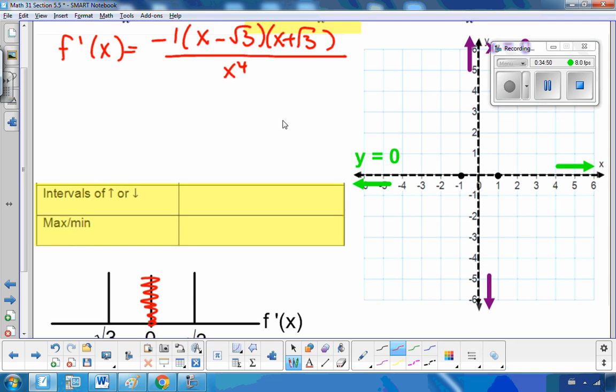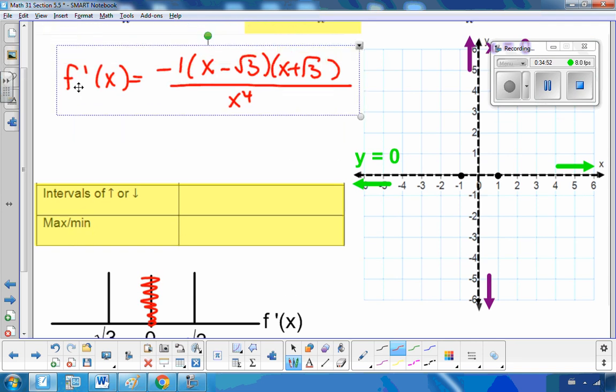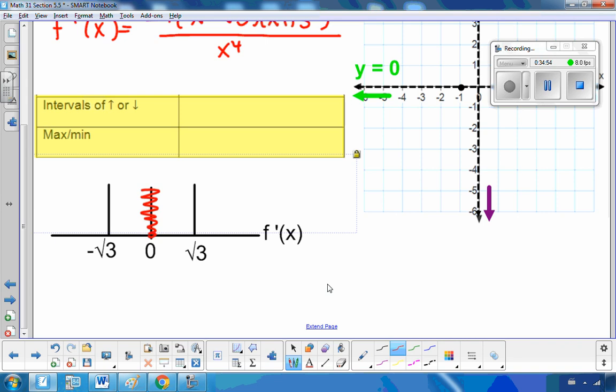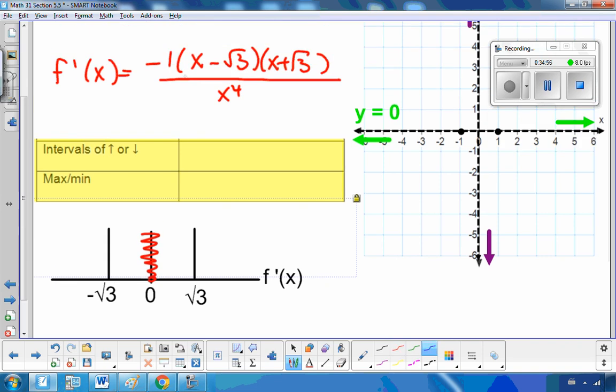So let's just move this down now that it's in factored form. I'm going to look at the negative 1, which is negative in all of my intervals. Then I have an x minus root 3, which is 0 here. So to the left it's negative, to the right it's positive. I have x plus root 3, so that's 0 here.